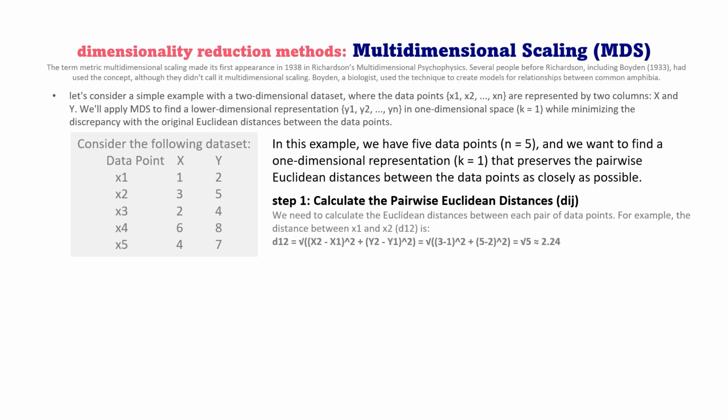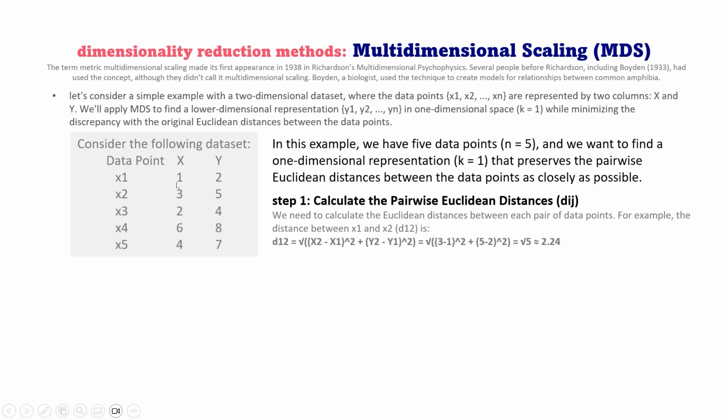Similarly, I have to calculate d sub 1 3, d sub 1 4, d sub 1 5. Then d sub 2 1 and d sub 2 2 remain the same, so d sub 2 3, 2 4, 2 5. Then d sub 3 4, 3 5. Then d sub 4 5.